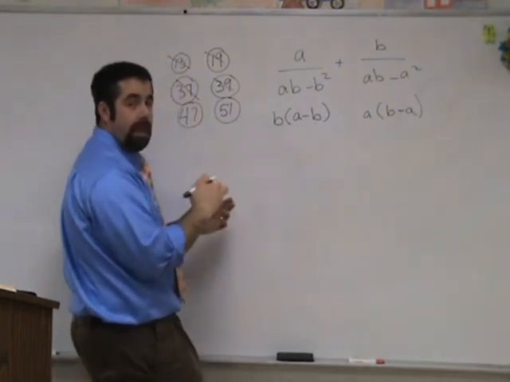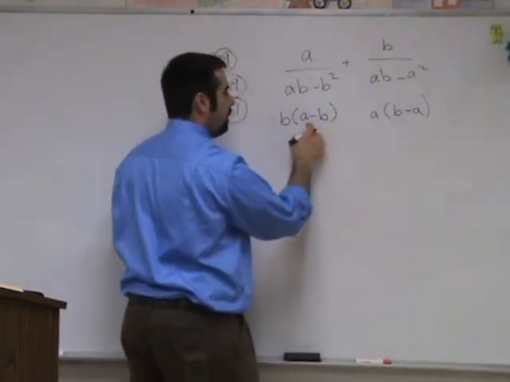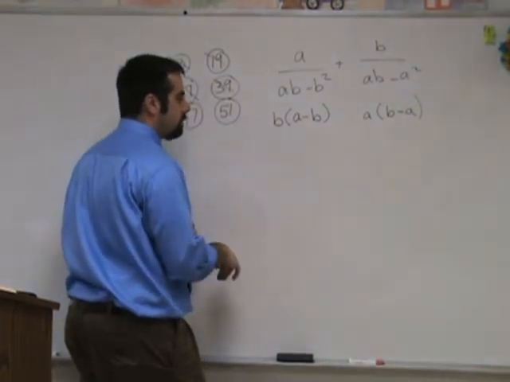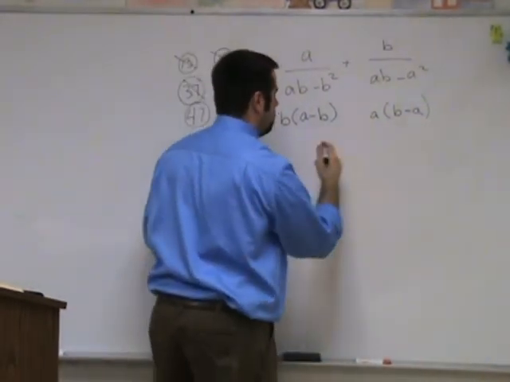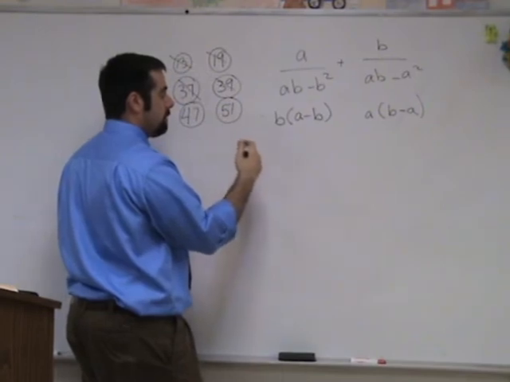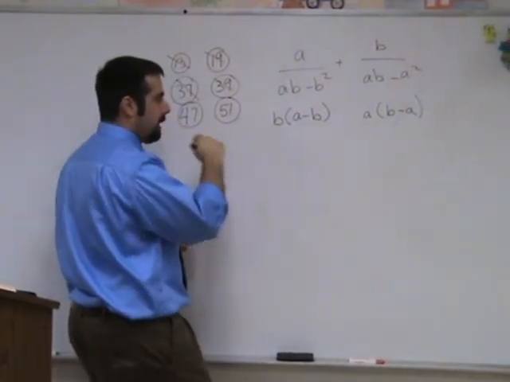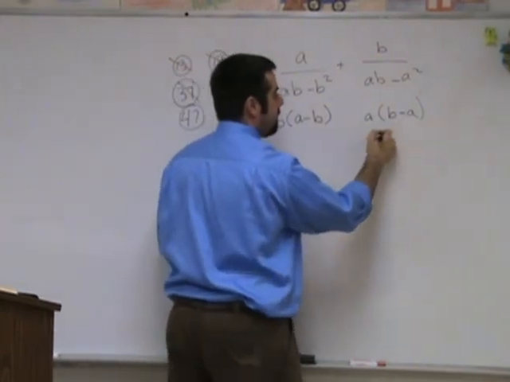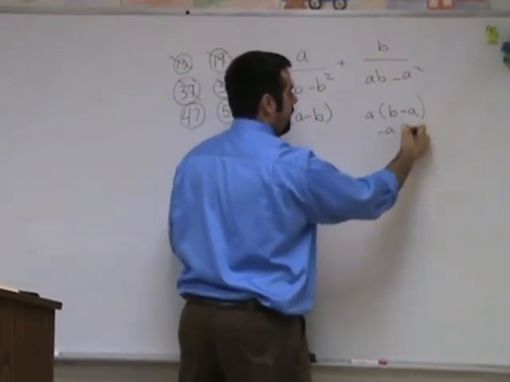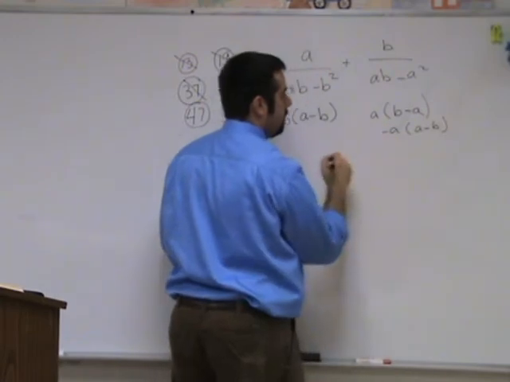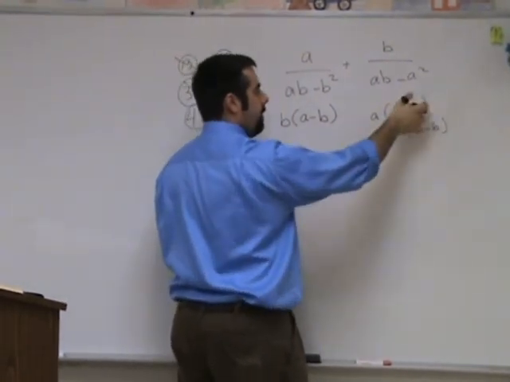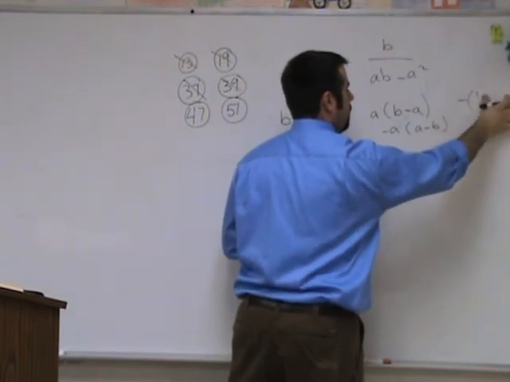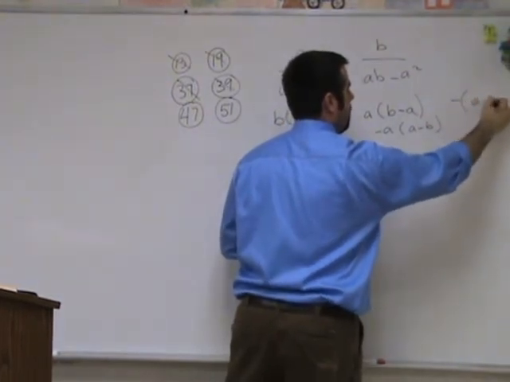All right, now there's a little bit of a relationship here. These are opposites, okay? So to find that least common denominator, I might want to think about making this negative a times a minus b. The opposite of b minus a is minus a minus b.